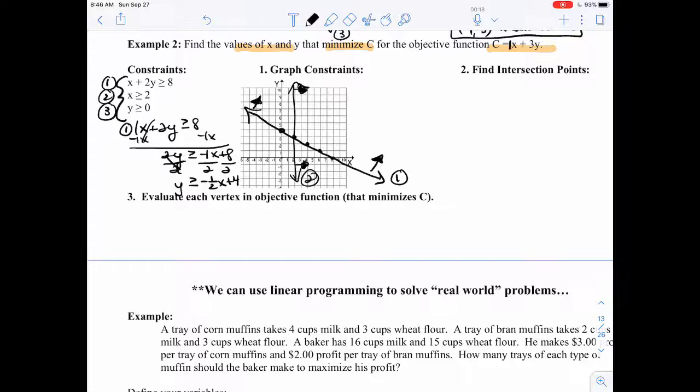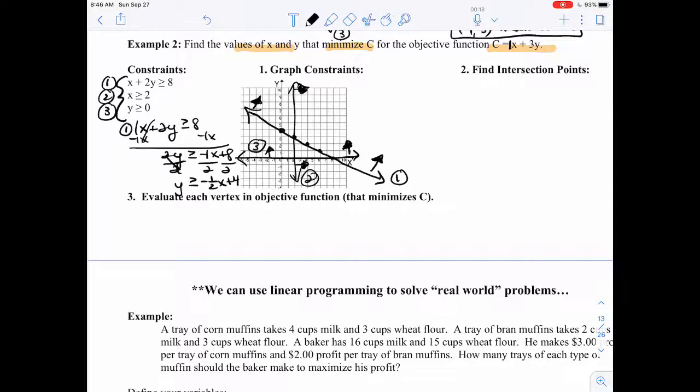In our third equation, y equals 0 is our boundary. Recall that that is a horizontal line, the x-axis. All y values greater than or equal to 0. Again, I'm going above that boundary.